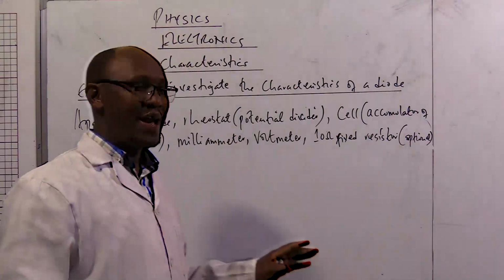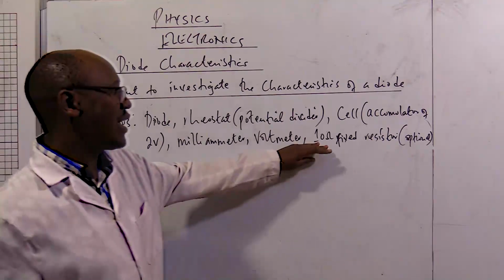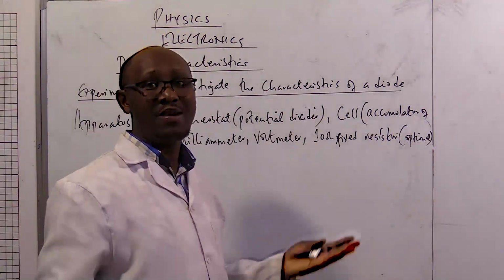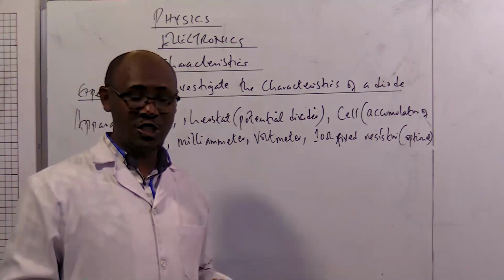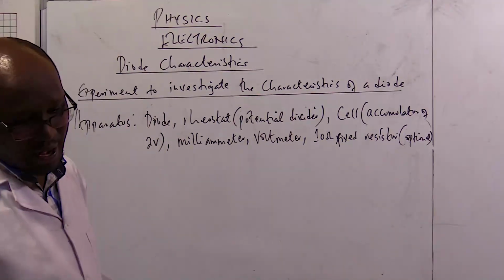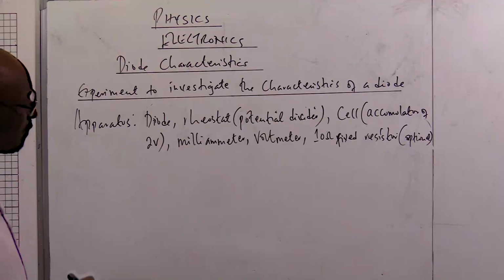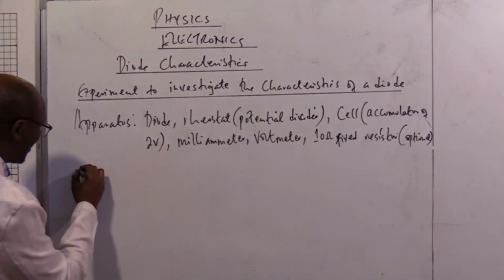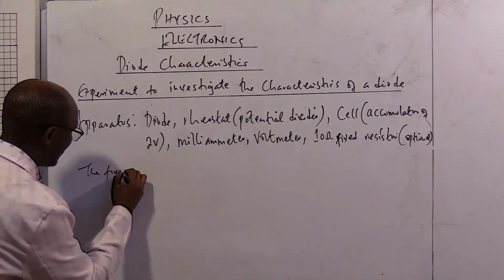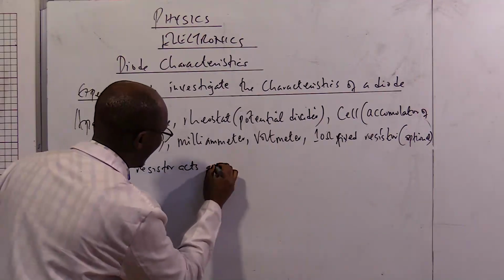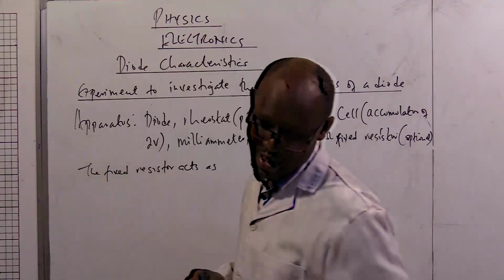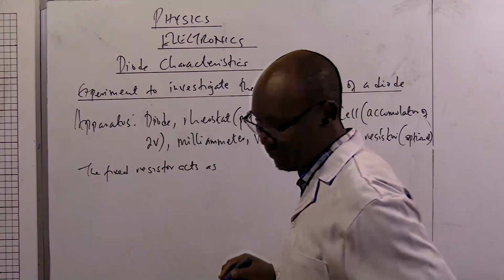Now, in some circuits you'll find that we don't have a fixed resistor, but we'll say why it is sometimes good to have one. This one is for the safety of our diode. The fixed resistor acts as a safety resistor.